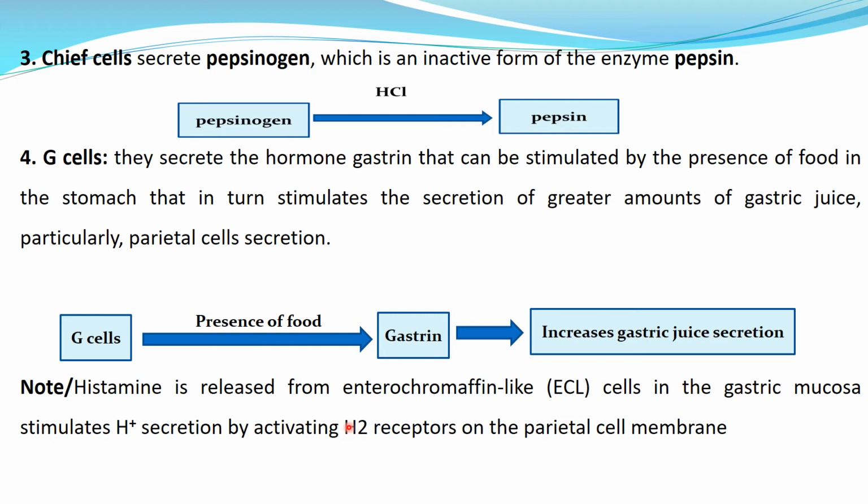The histamine binds to the H2 receptors, which are located on the parietal cells, and it can activate the parietal cells to squeeze what? To squeeze a large amount of hydrogen out. So it means it reduces the pH of the stomach. As you know, when there is an increase in the level of hydrogen ions, it means an increase in the acidity or a reduction in the pH.